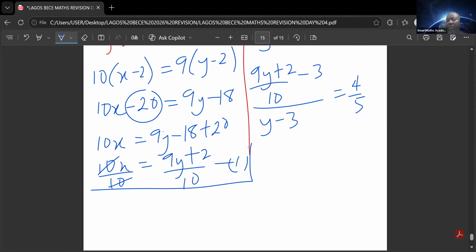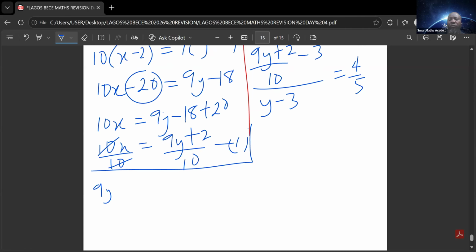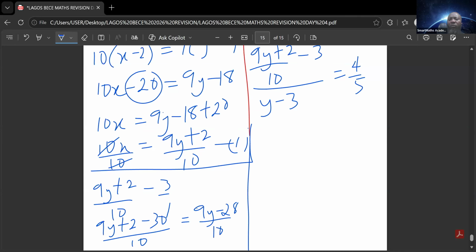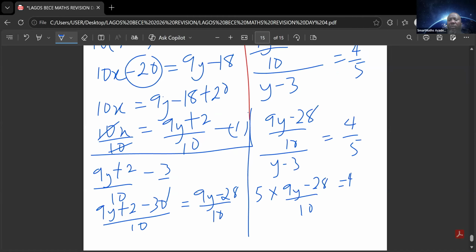I can cross multiply here too. Which means I'm going to have 5 times (9y − 28)/10 equals 4(y − 3). So here, 5 goes into 5 once, and 5 into 10 twice.